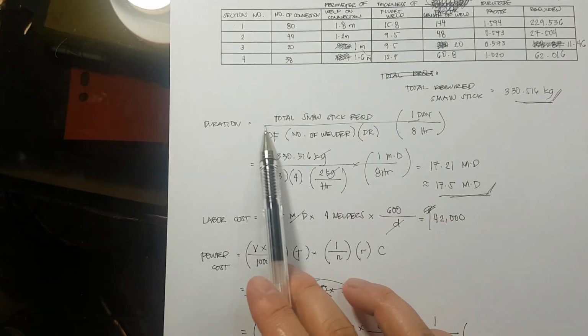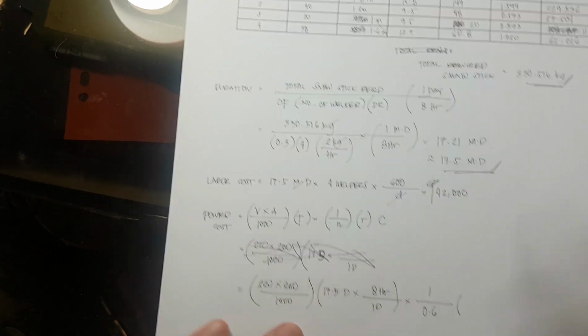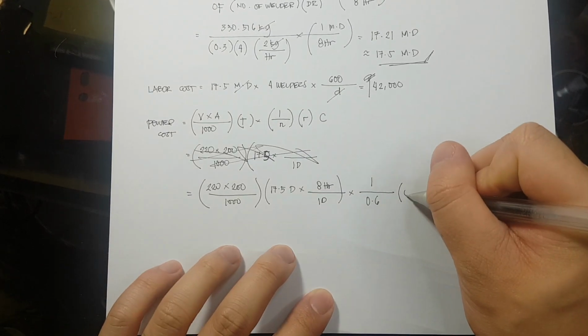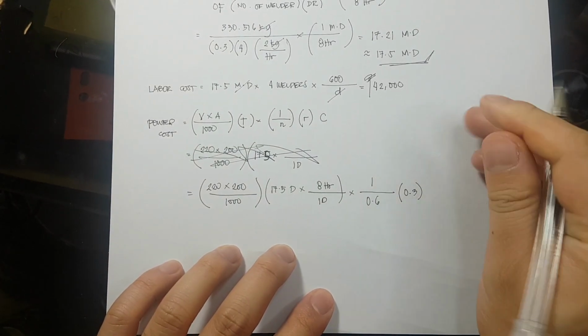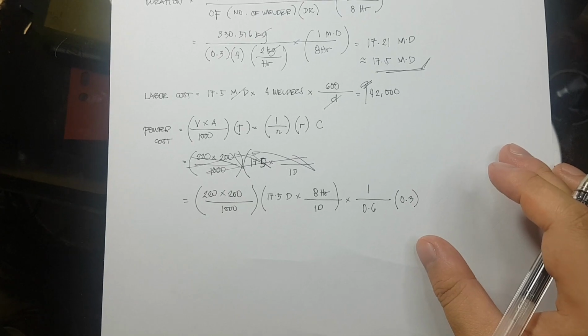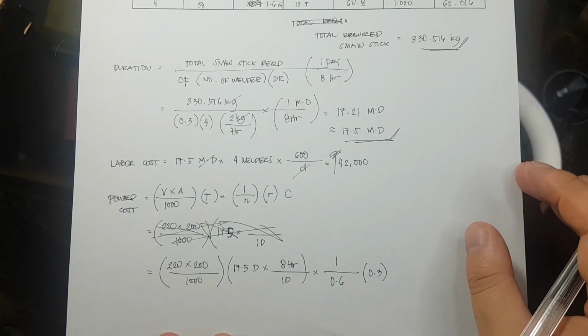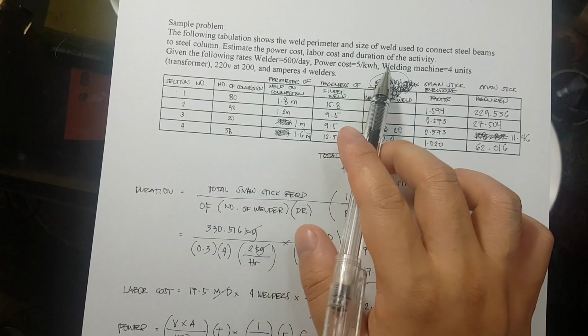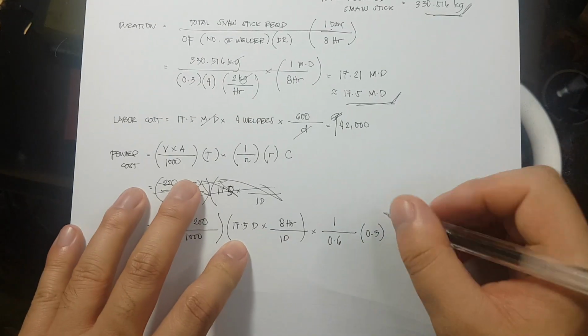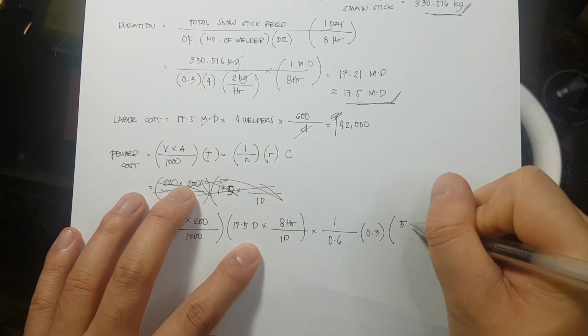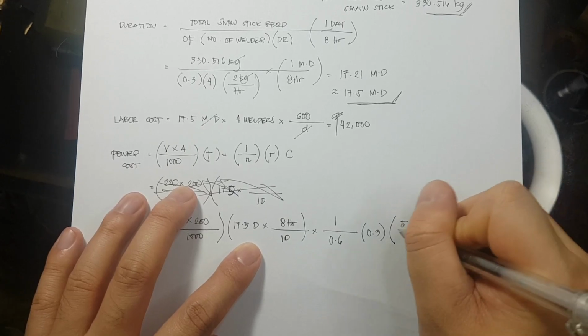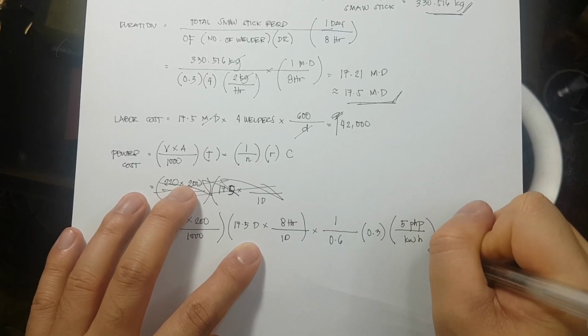Kaparehas lang siya nito, operating factor na ginamit natin, which is equivalent to 0.3 times the C, which is equivalent to the cost per kilowatt hour. What is the cost per kilowatt hour? 5 pesos. So we have 5 pesos per kilowatt hour.